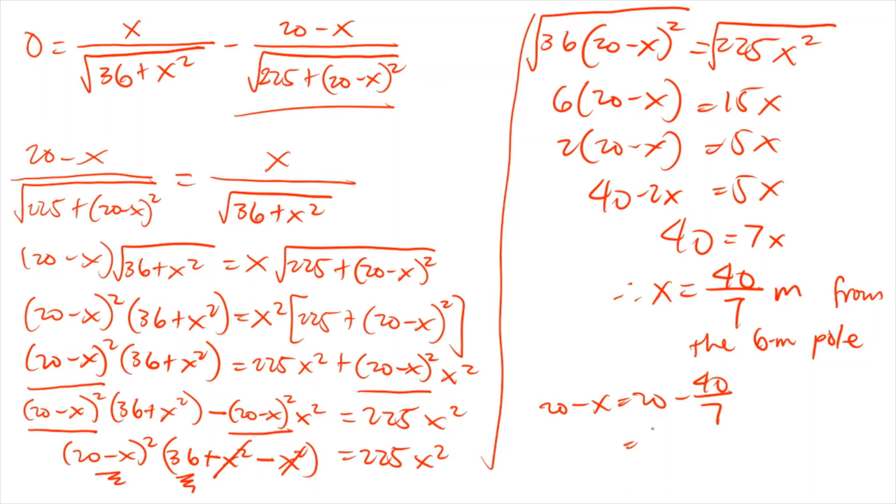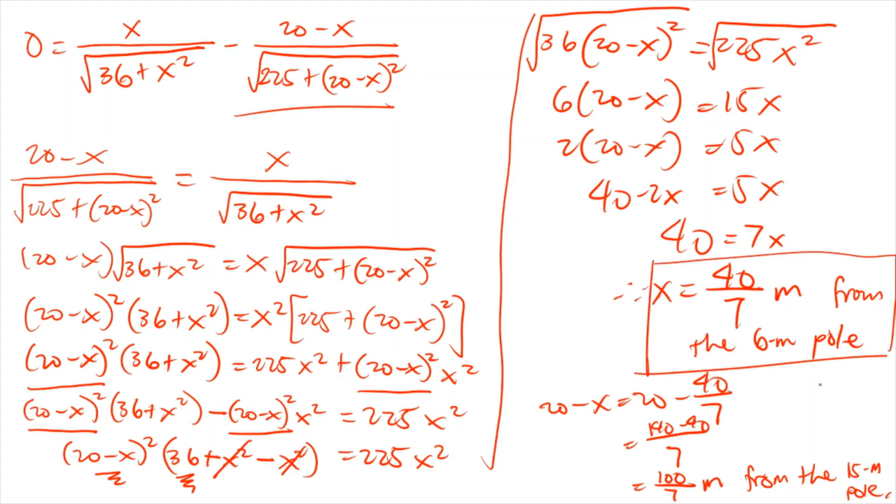We have 7, 140 minus 40. So this is 100 over 7 meters from the 15-meter tall pole. Okay, so it's either this one or this one.